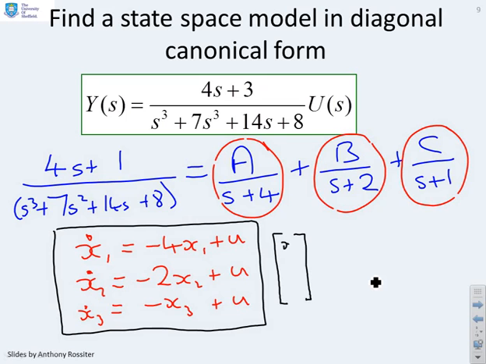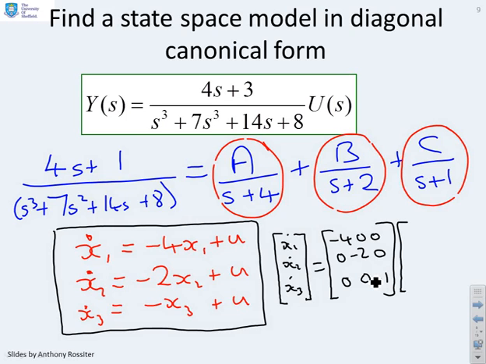So now I can do a state space model for these equations. So what I'll get is x1 dot, x2 dot, x3 dot equals, and we'll get minus 4, 0, 0, 0, minus 2, 0, 0, 0, minus 1, and that will be into x1, x2, x3, and they all just had an input of u, so I get plus 1, 1, 1 into u. And the final step is to recognize what the output is.